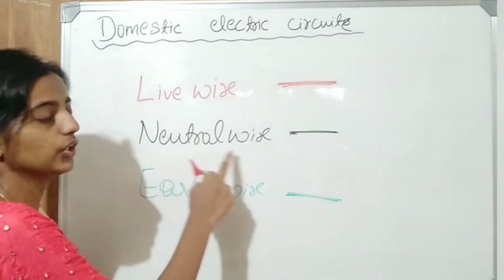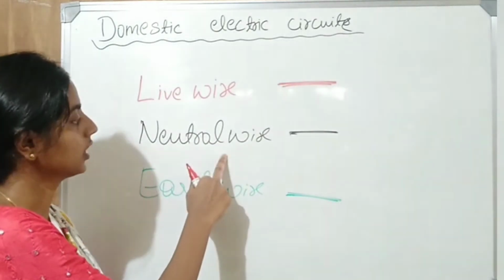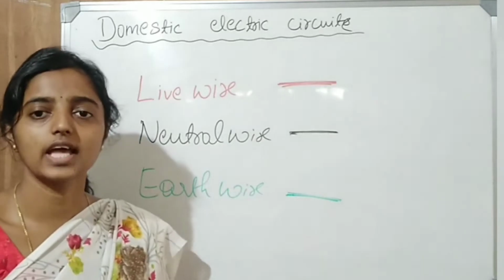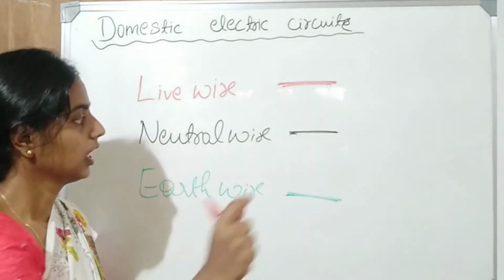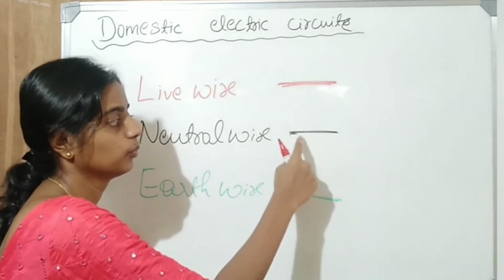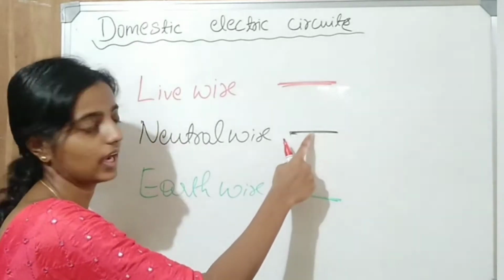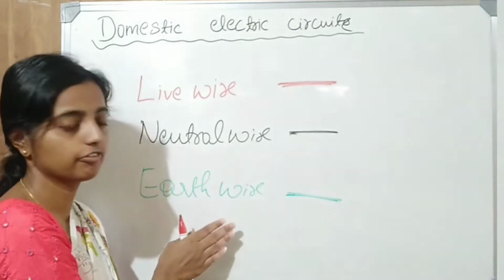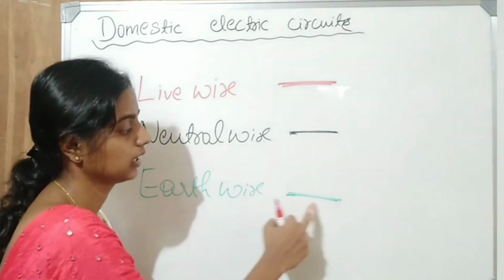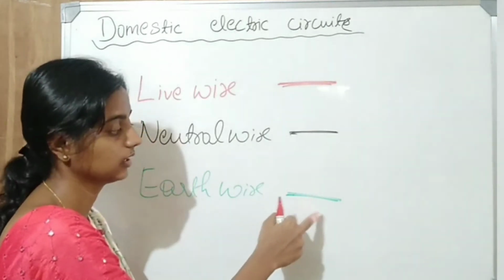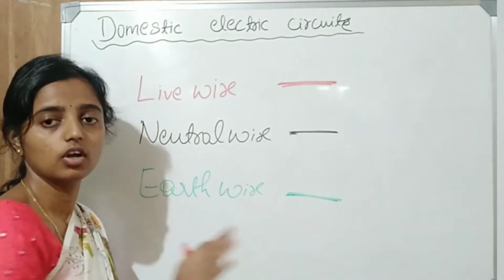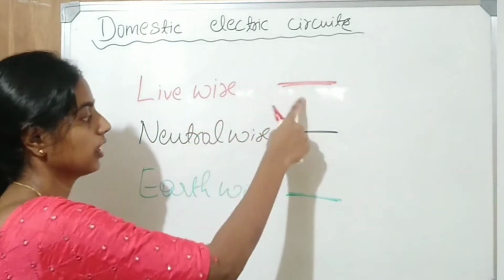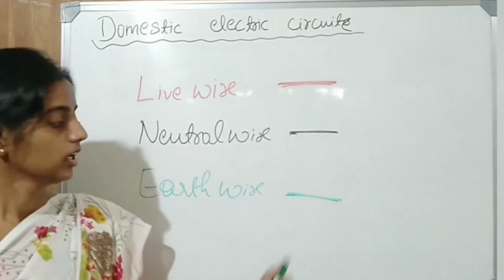The next one is neutral wire, also called negative wire, and that will be covered with black insulation. And the next one is earth wire, which is for safety purposes, and that will be covered with green insulation. You should remember all these colors: live means red, neutral means black, and earth means green.